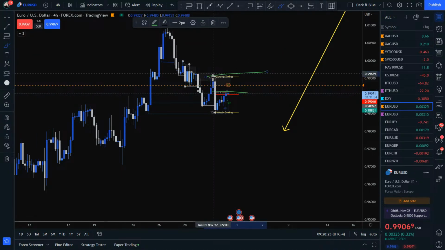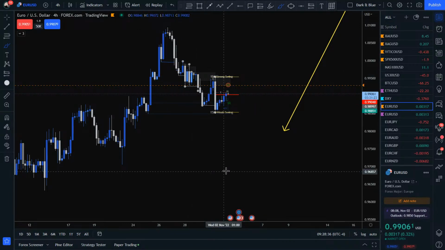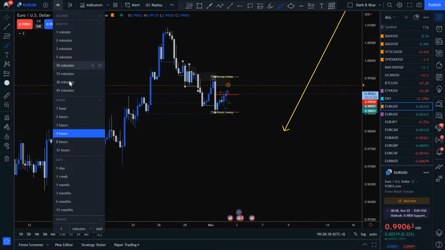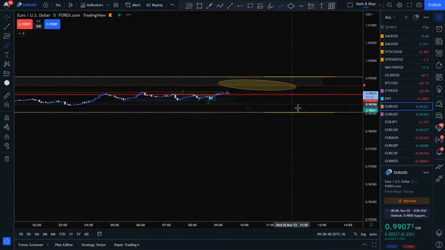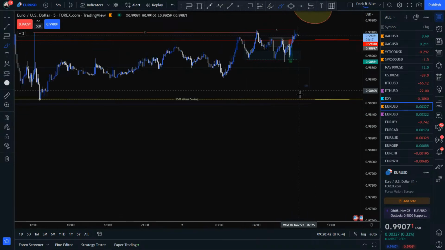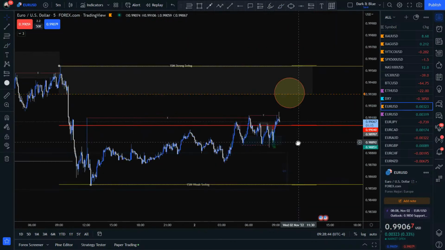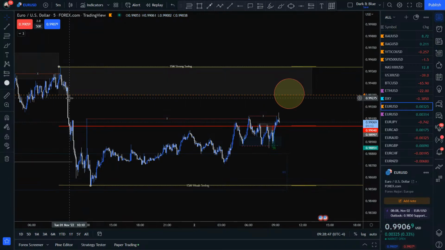We are still trading into the range of that bullish candle, and I've still got my eye on this market. There's a lot of inefficiency here for price to come and clean up.